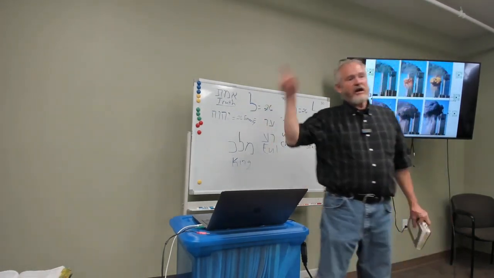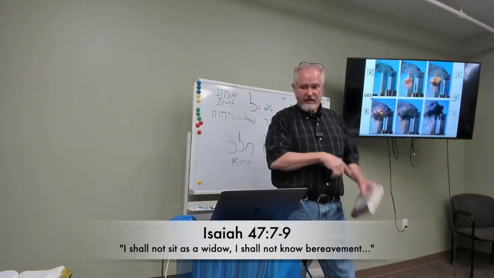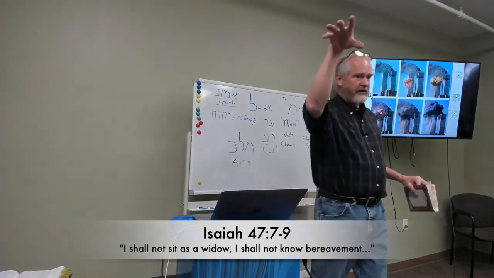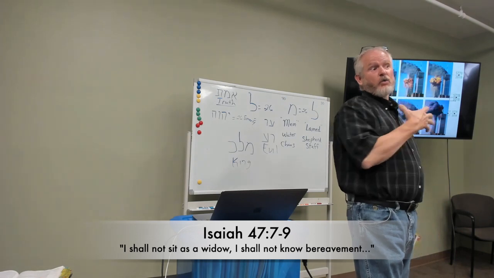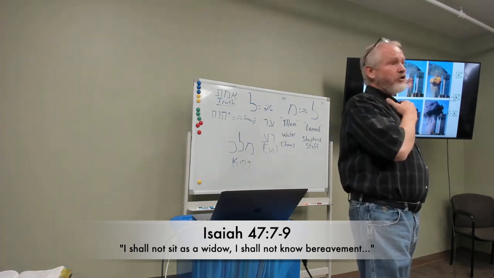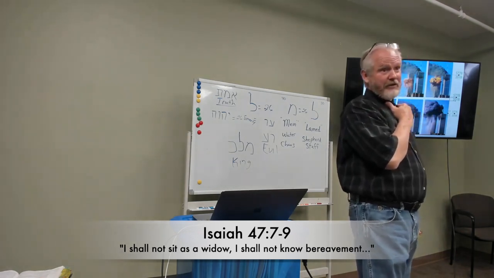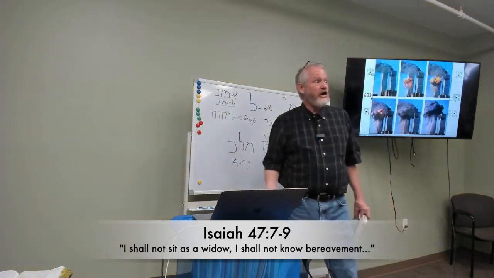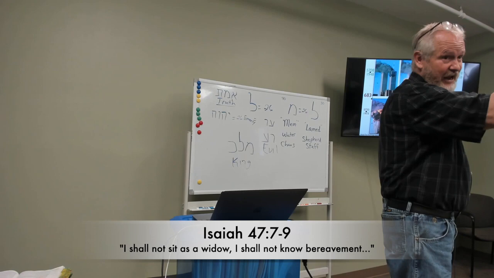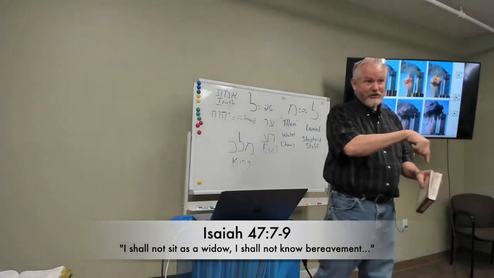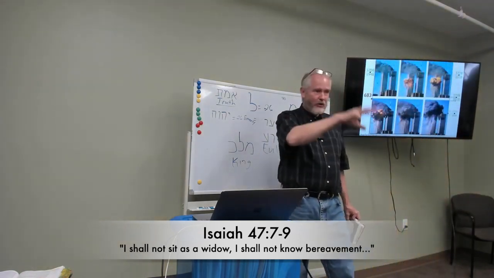Now in Isaiah, it says when this Babylon goes down, the Vatican, she says, I will not be a widow. I will not know bereavement. And then God says, you will be a widow and you'll know bereavement in a single day. This is in Isaiah and we'll go into all that.